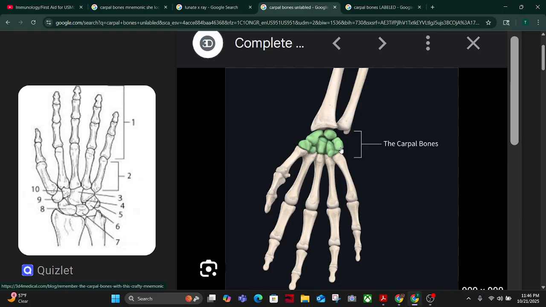Try to catch her. So then the try to catch her, the trapezium, trapezoid, all that, where would that be? It would be here, right? On this. Try to catch her. Okay, let's check.